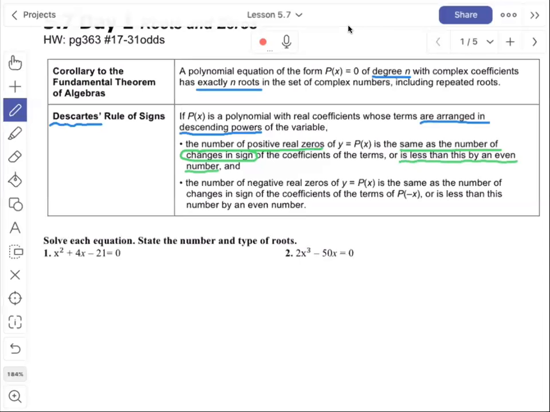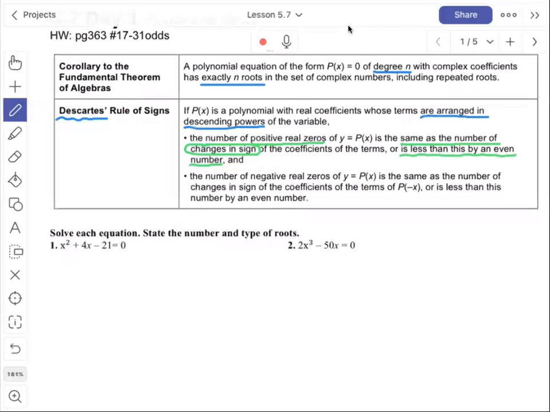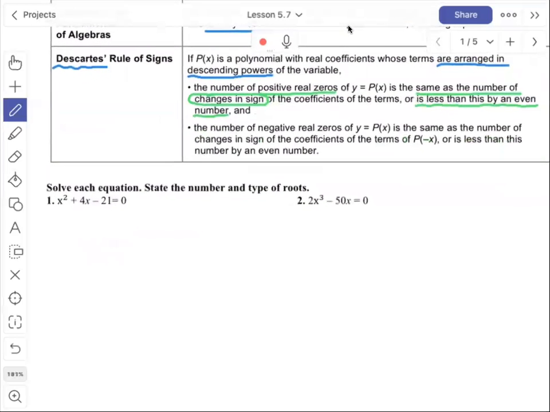Okay, so let me show an example of how we can use this. Number 1, first off, check to see if it's arranged in descending powers. So here I have x squared plus 4x minus 21. Yes, descending powers, perfect. Then it says it's the same as the number of changes in sign of the coefficients of the terms. All right, so that means we don't really care about the number. We are just caring about positives or negatives.